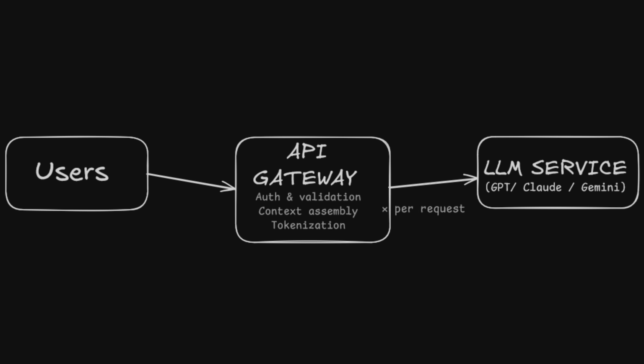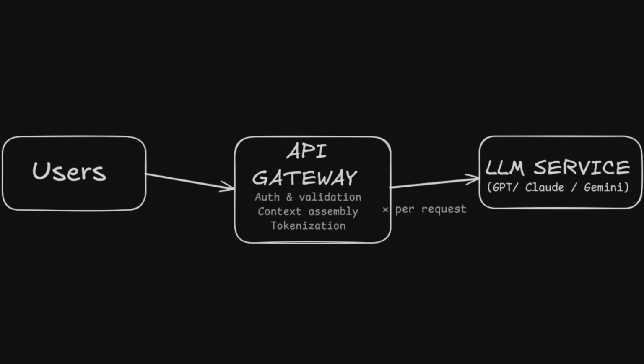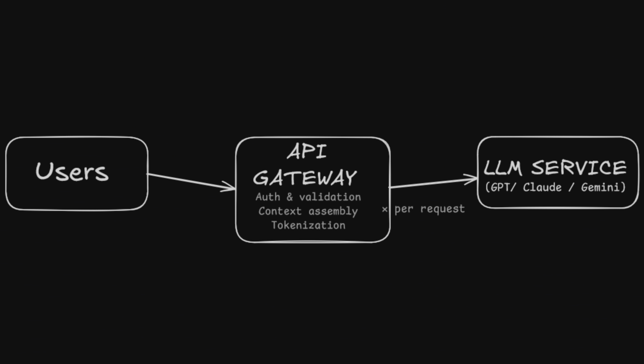A single user action often fans out into multiple calls: authentication, context retrieval, vector search, reranking, safety checks. Each step is small, each step looks cheap, but the system doesn't see one request, it sees multiplication. And that multiplication is invisible if you only look at the diagram.